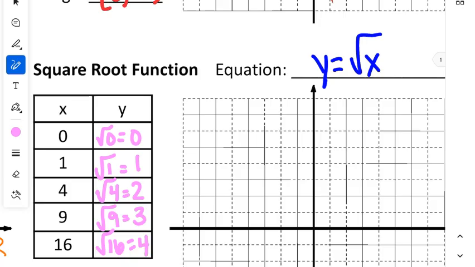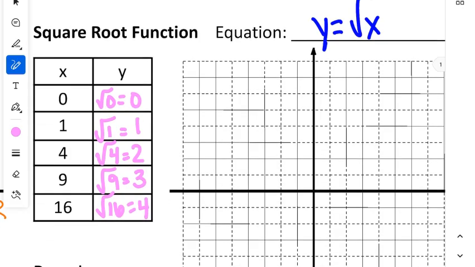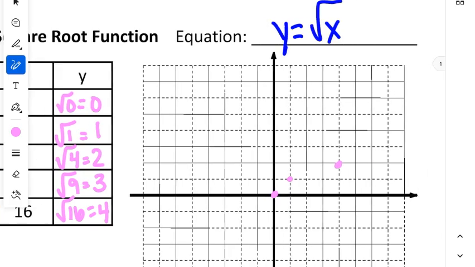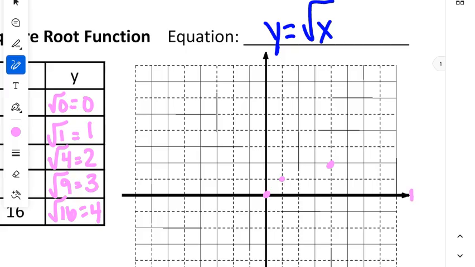And square root of 16. Okay, plot it. One, 2, 3, 4. Yeah, we could do 9 though. Like I can go over to 9 and up to 3 like that.